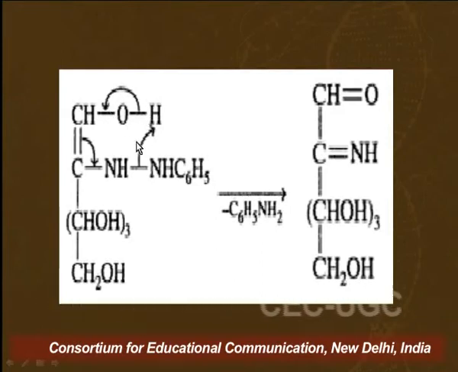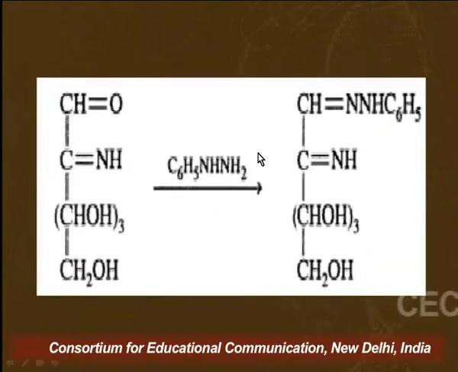This nitrogen will now pick up a proton from here, and as a result the bonding pair of electrons move here to form a pi bond between carbon and oxygen, resulting in the formation of an aldehyde group. The carbon-carbon bond will move on to give us this intermediate. And what we observe here is that the first molecule of aniline is eliminated.